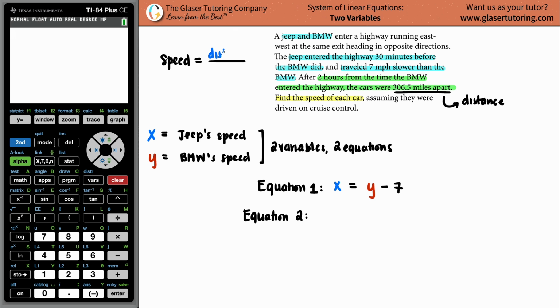So maybe I'll put that down here. Okay. Now, for this question, they're saying that after some time, so here's the time factor, the cars are 306 miles apart.